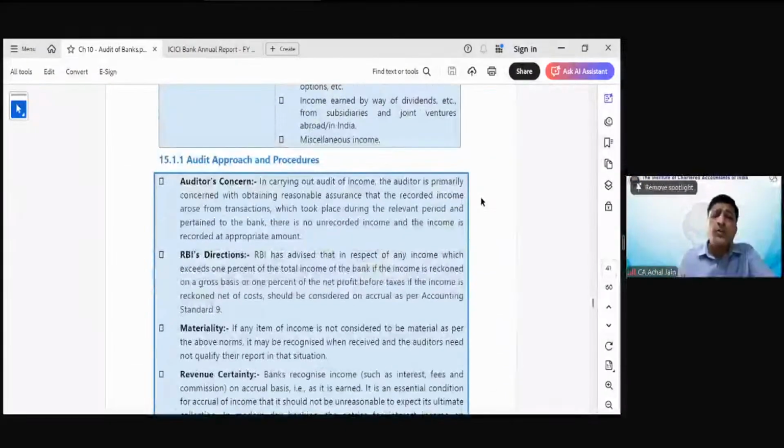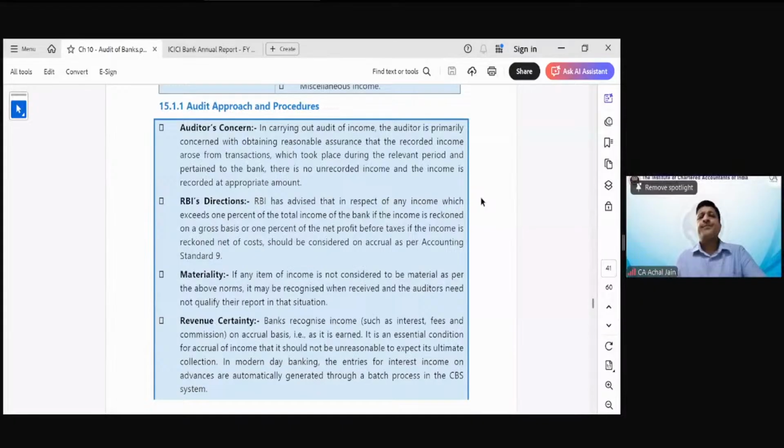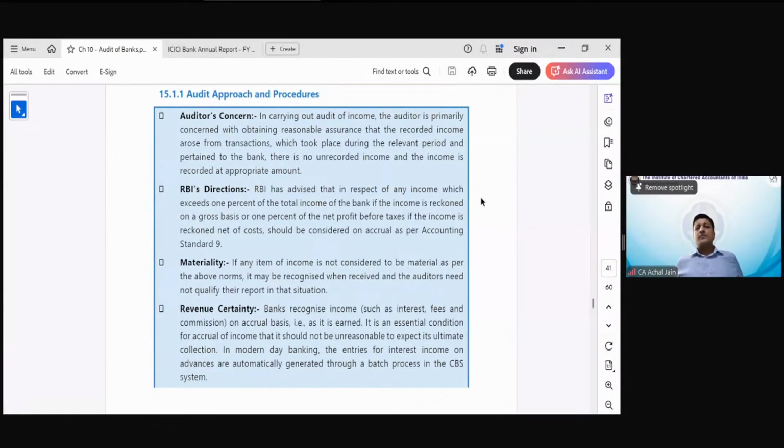Now, what are going to be the audit procedures? As far as this P&L side is concerned, particularly on these two aspects, interest earned and the other income, please remember, this will be the most important area.